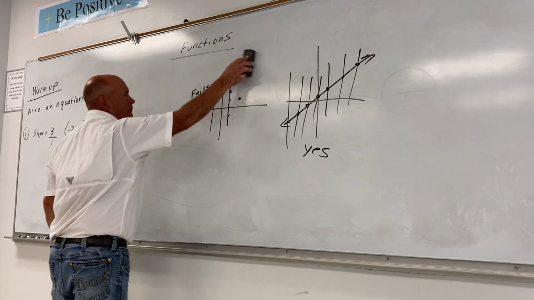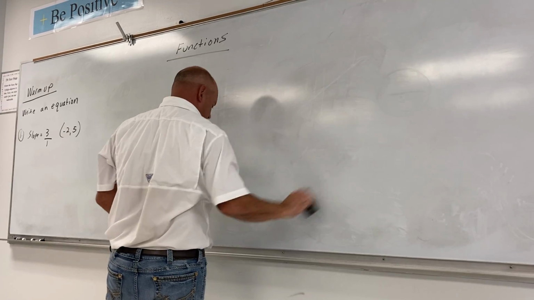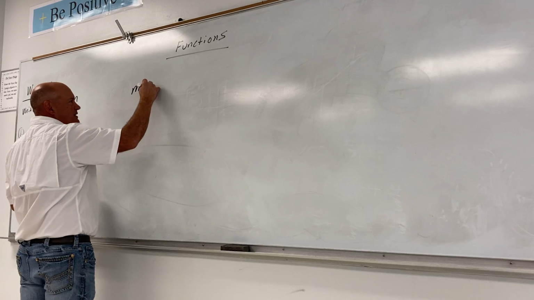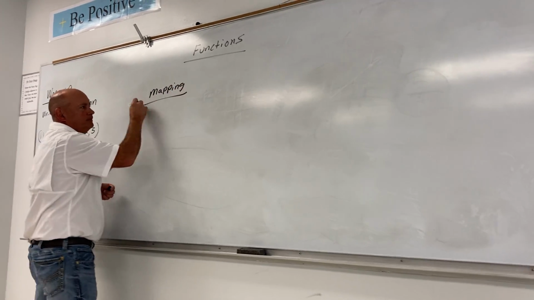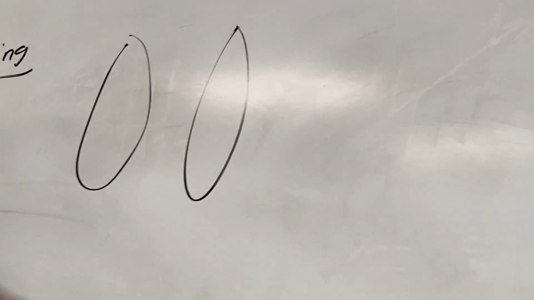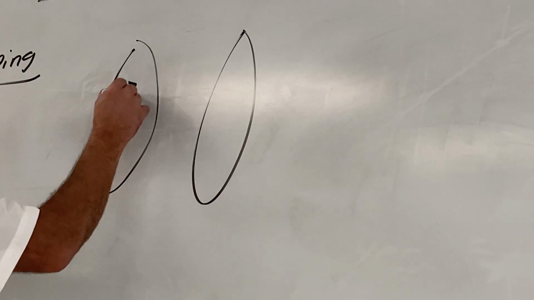Let's talk about some mappings. A mapping is similar to a table, but it's different. They have a bubble here and a bubble here. And in the bubble, there will be numbers.